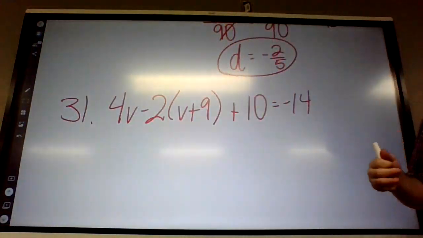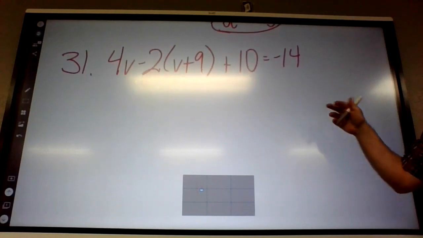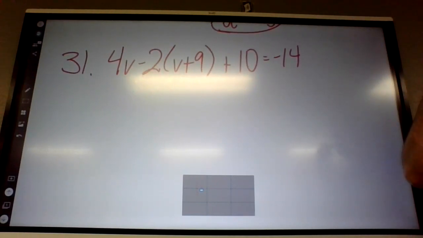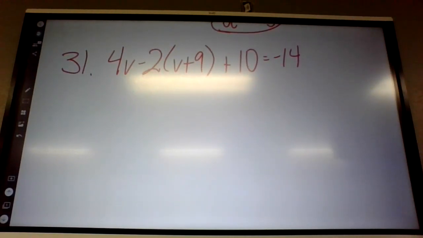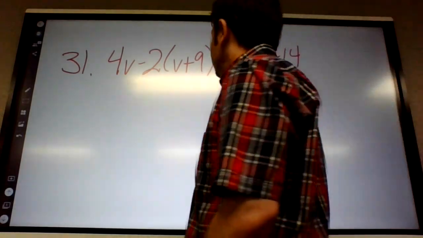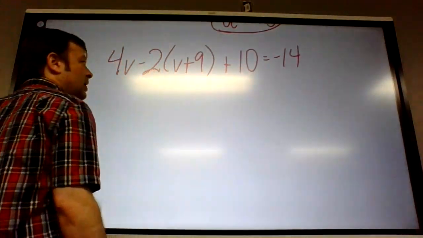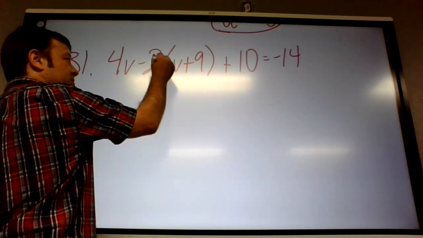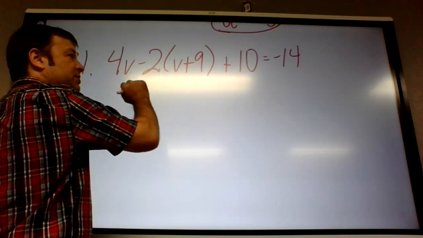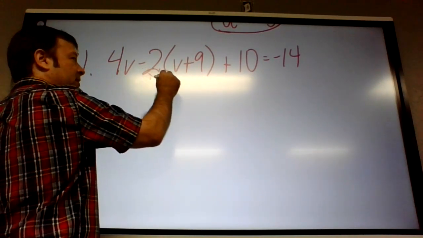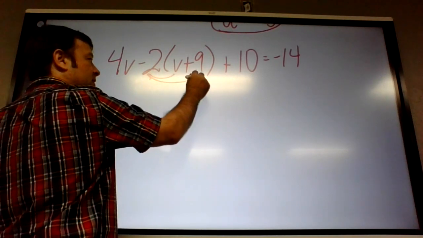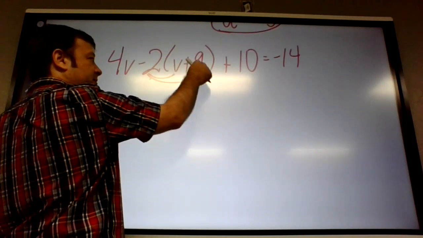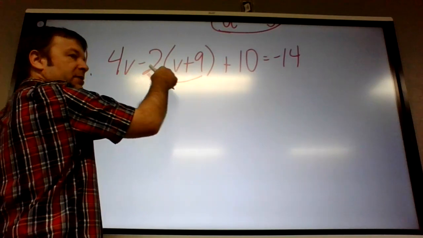All right, Atticus, any guesses what we should do first on this one? Well, normally if you see a number next to parentheses, you should do that first, because that's like a multiply thing. We can't do anything in the parentheses, can't do v plus 9. So do you know how to do this part?